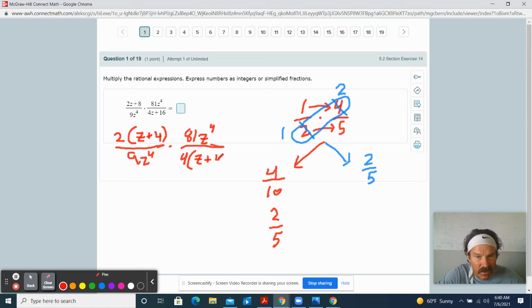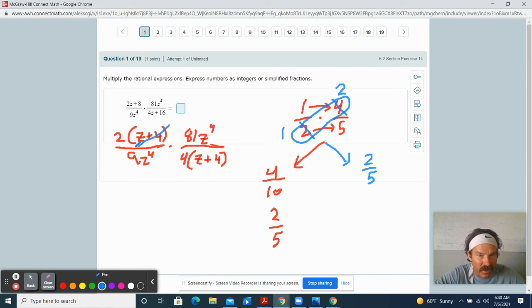I had a student yesterday in the Zoom session ask if it was a coincidence that every time you're doing these problems, you see something that cancels. And I told him no. All these problems are built in such a way that if you factor correctly, you're going to see a bunch of stuff that cancels. So I did my factoring here.